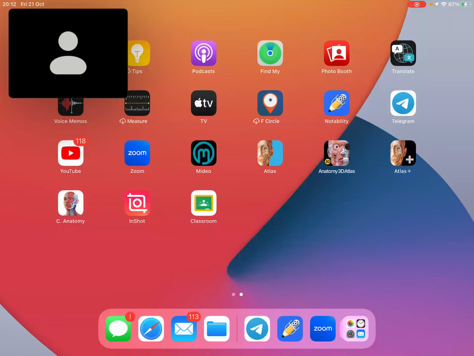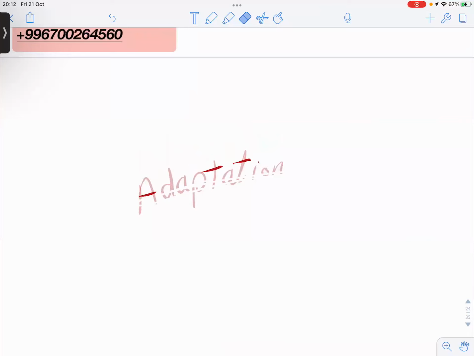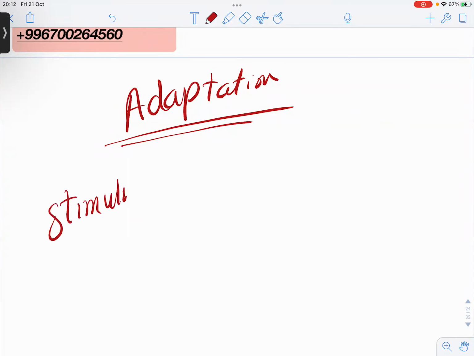So your friend first said when the cell is damaged. It's not damaged completely, so it's not the correct word. So let me explain. Adaptation: when the cell faces some stimulus, some abnormal stimulus, something abnormal in its normal environment, the cell will try to adapt.